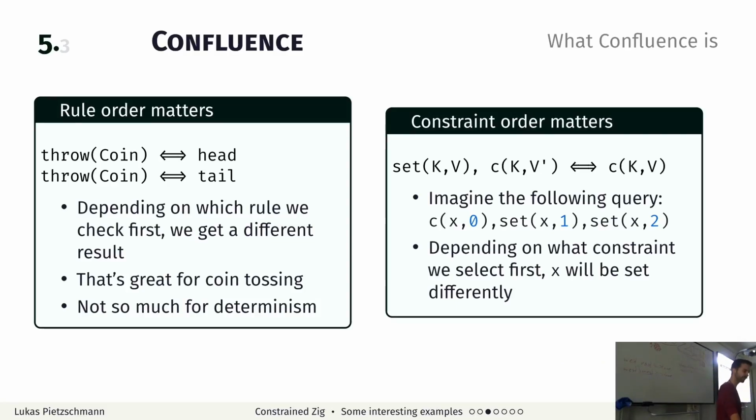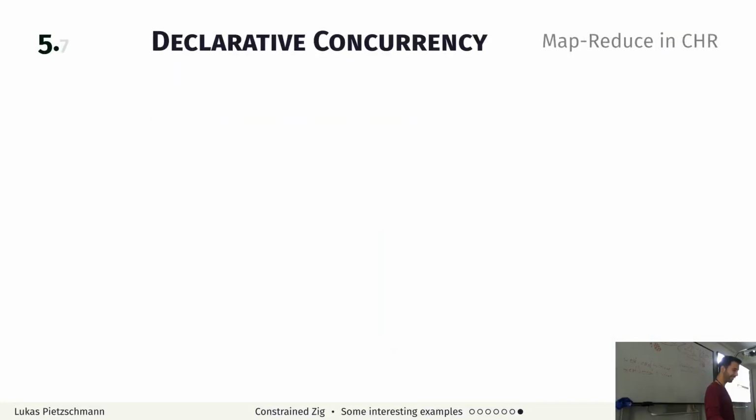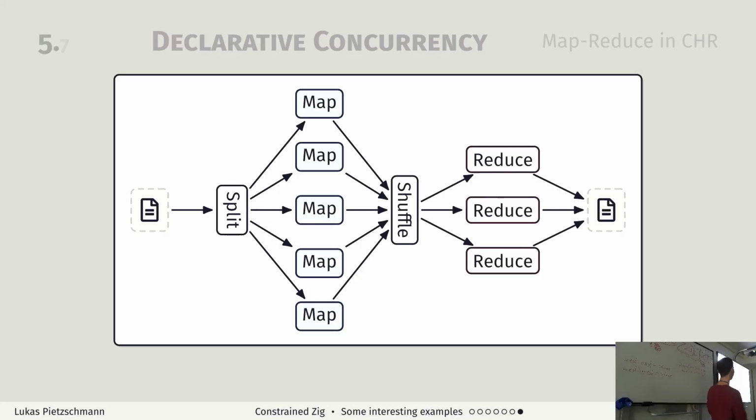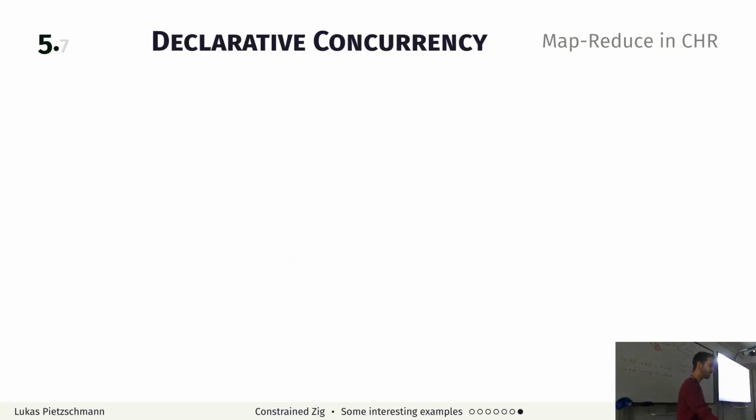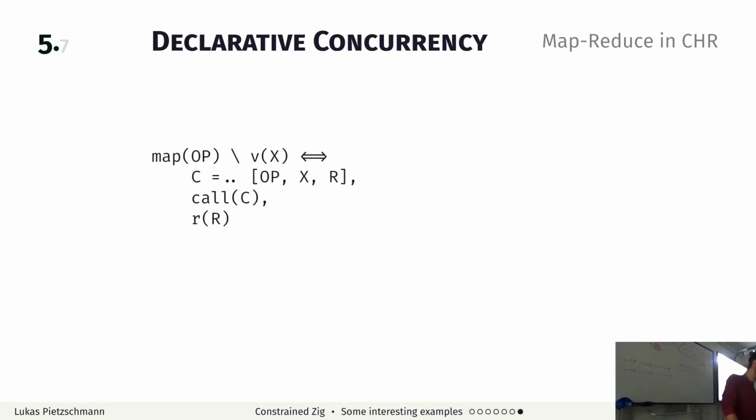All right, so do you all know the map reduce pattern from distributed computing? Great. So we just have a set of data, we split it up, execute different map operations in parallel, and then execute different reduce operations in parallel. We can also implement this pretty easily with CHR.